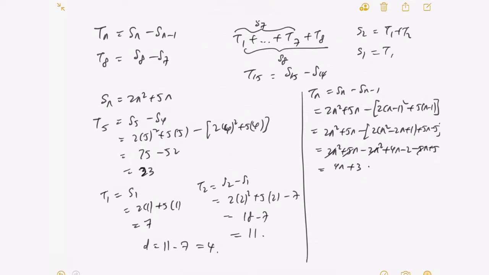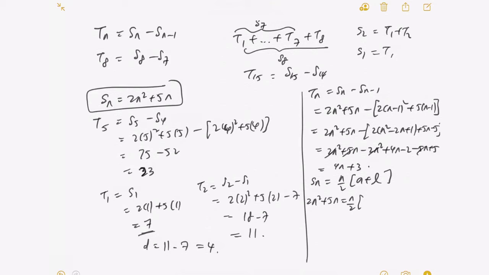I have another shortcut to do this. We also know that Sn equals n over 2 times (a plus l). My Sn in this case, going back to this question, is 2n squared plus 5n. My a, T1, is the same as S1, which we know is 7. My last term is Tn. I don't know what my last term is, but we can actually cancel this.